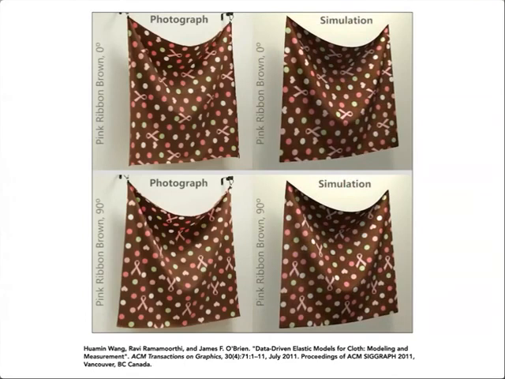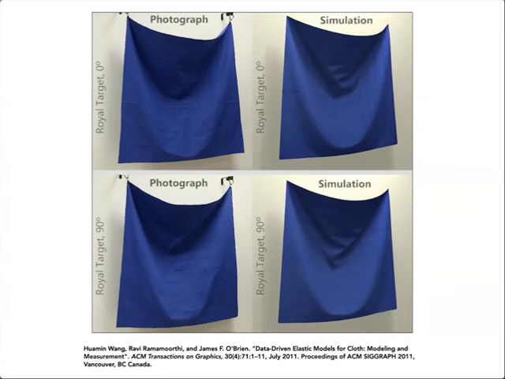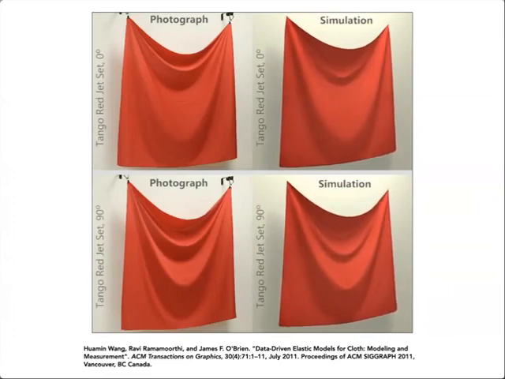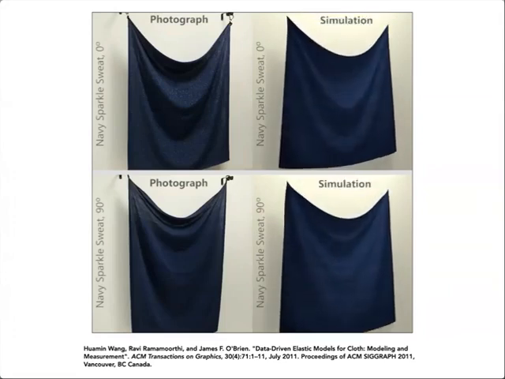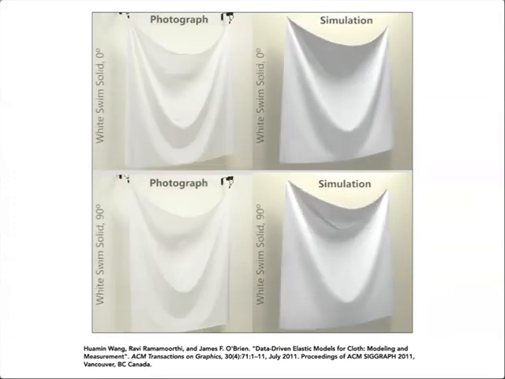And the characteristics of the folds of these cloths are, as you can see from the simulation, subtly different from type of cloth to type of cloth. The exact number of folds, the quality of the folds is different, and the simulation is a validation of this kind of measurement and then modeling effort in order to match the cloth on the right-hand side.